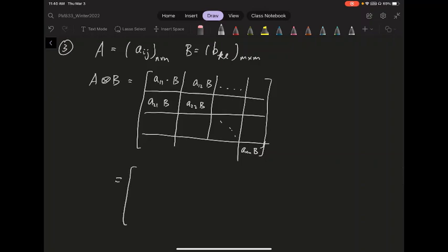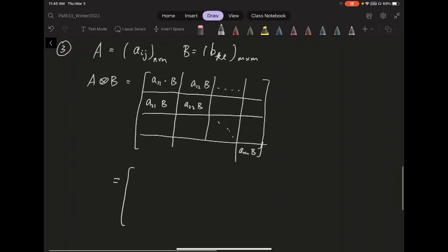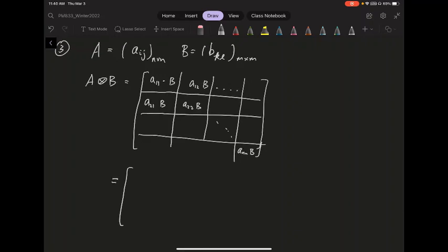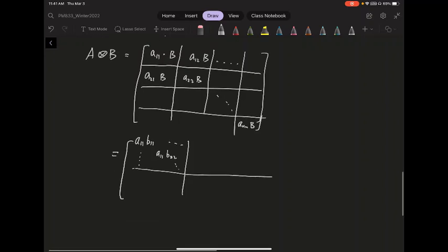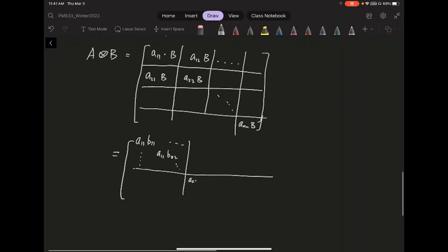What do I mean by A11 times B? Essentially, you just scale the B matrix by A11. So you have A11 times B11, and A11 times B22. Of course, off the diagonal you also scale by A11, and so on. So on the first block, you scale the diagonal by A11, and then on the second block, you scale it by A22 times B11, and so on.